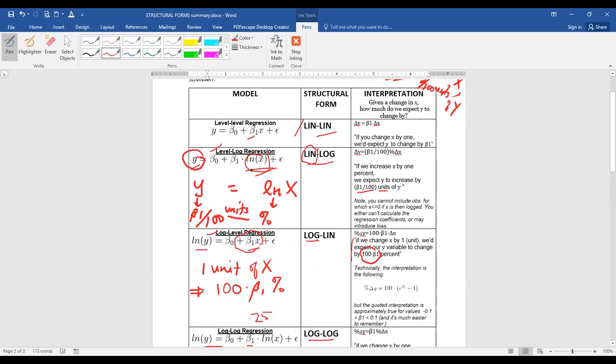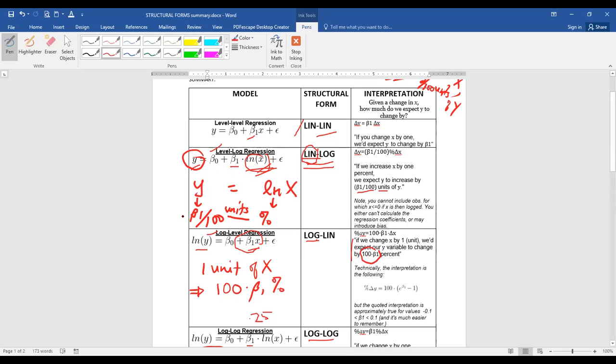Unlike here, guys, sa lin-log natin, sino yung nakalog? Si X. Okay? So paano babasahin si X? Percentage change. Paano babasahin si Y? Units yan. Kaso may adjustment. So Y is equal to ln X. For every 1% change in X, there is a corresponding, whatever your beta 1 is, divided by 100 units change in Y. Walang percent, no?